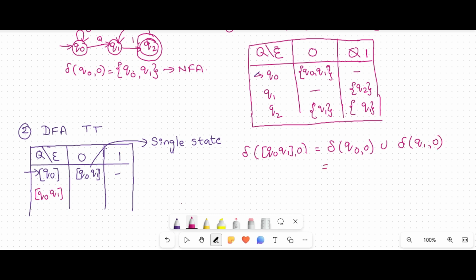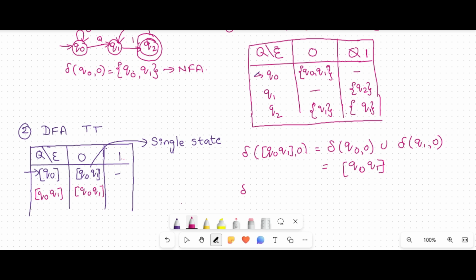Q0 with a 0 gives Q0, Q1. Q1 with a 0 has no transition. So we write this as it is. Q0 Q1 with a 0 is Q0 Q1.